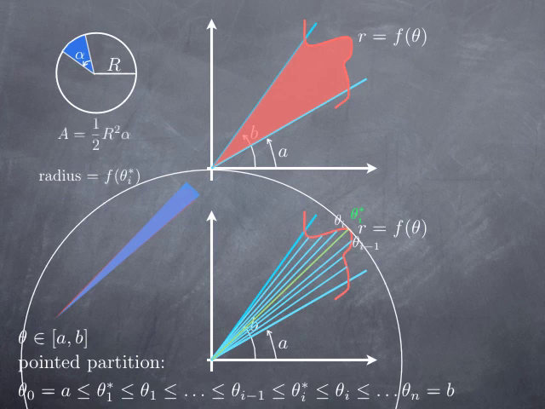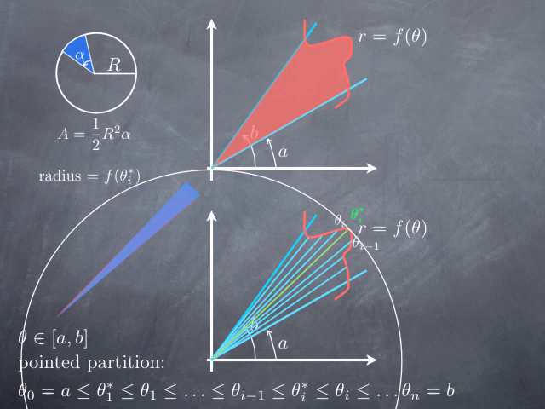Therefore the area is pi r squared multiplied by alpha over 2 pi, and therefore you get 1/2 r squared times alpha, where alpha is the measure of this sector in radians.